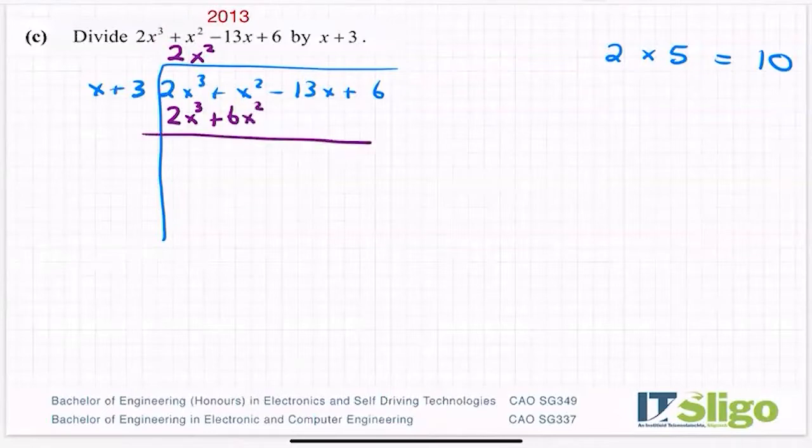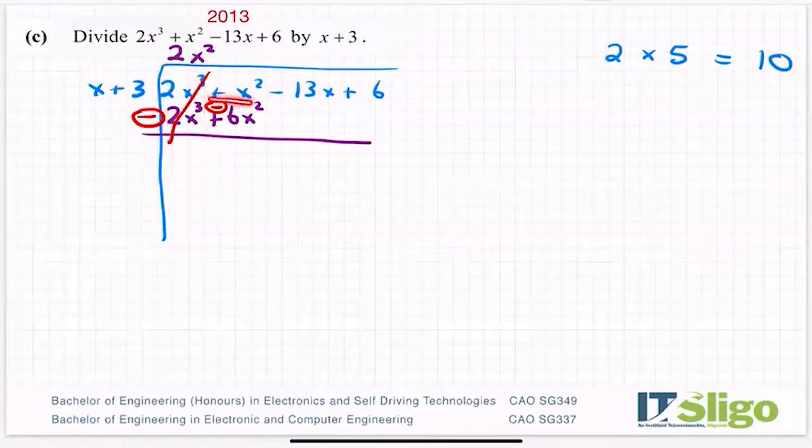Okay. And then you subtract to find the remainder. You change the signs is another way of doing it. So it becomes a minus, it becomes a minus. So now I have 2x cubed minus 2x cubed, and that nicely cancels. And that's what you want. You know you're right when that term there cancels.